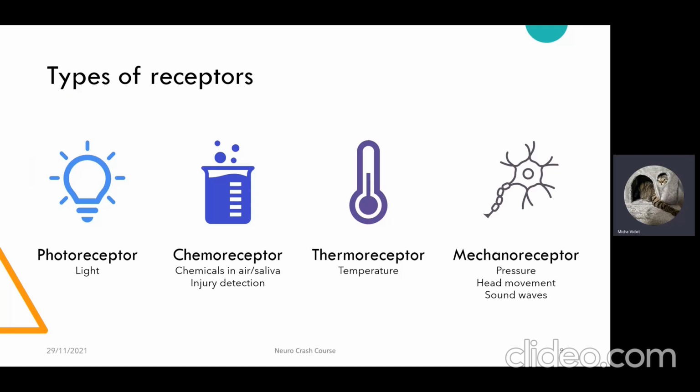And then we have mechanoreceptors, which have a bit of a wider range of use. Pressure on your skin or musculoskeletal system can be used to interpret touch and proprioception. Mechanoreceptors can help detect head movements and identify your body's equilibrium, making sure you're standing straight. And we also use mechanoreceptors to detect sound waves for hearing.